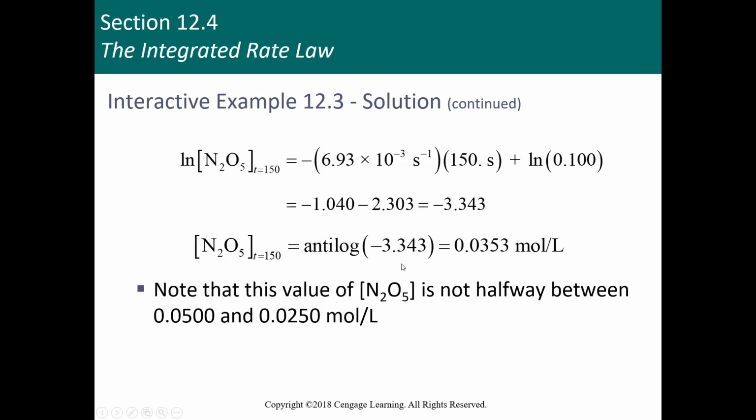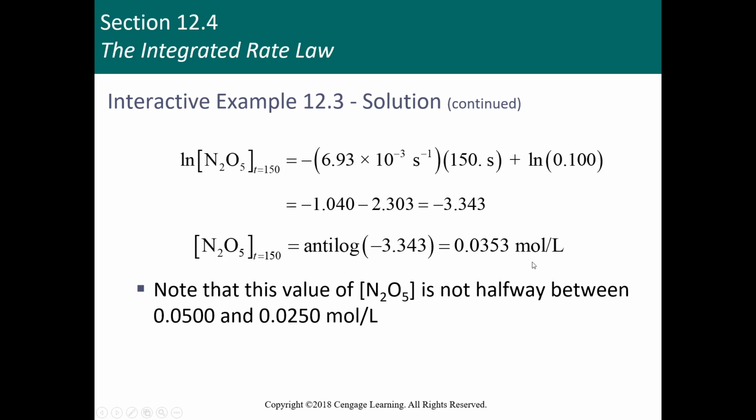By the way, this anti-log right here, this is actually the wrong symbol, if you're curious. Because this is a natural log. This should have been ln, not log. Anyways, so this is our final value here. You can see that that's not halfway between these.